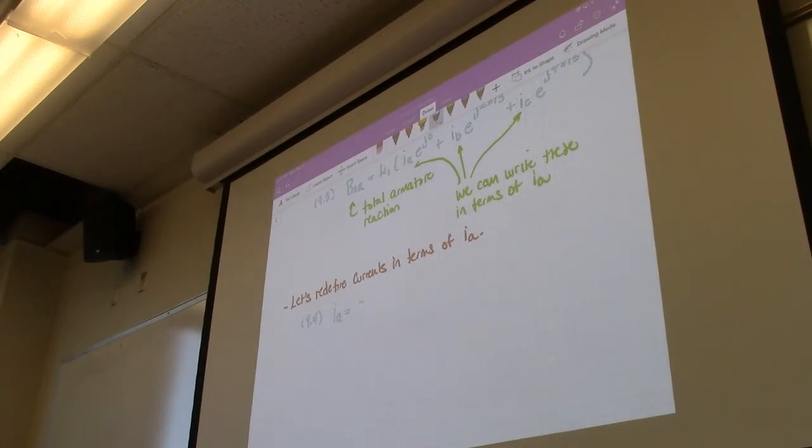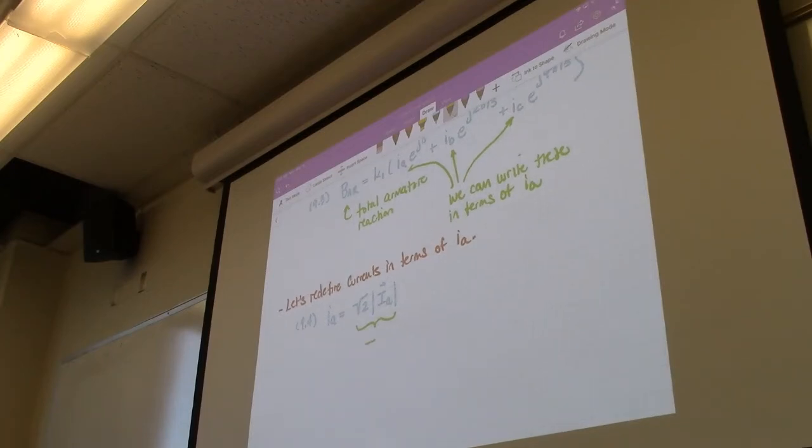It's equal to square root of 2 times IA magnitude, and we're going to call that value IA peak, with that little hat on top, times cosine of omega t minus whatever the reference theta is.